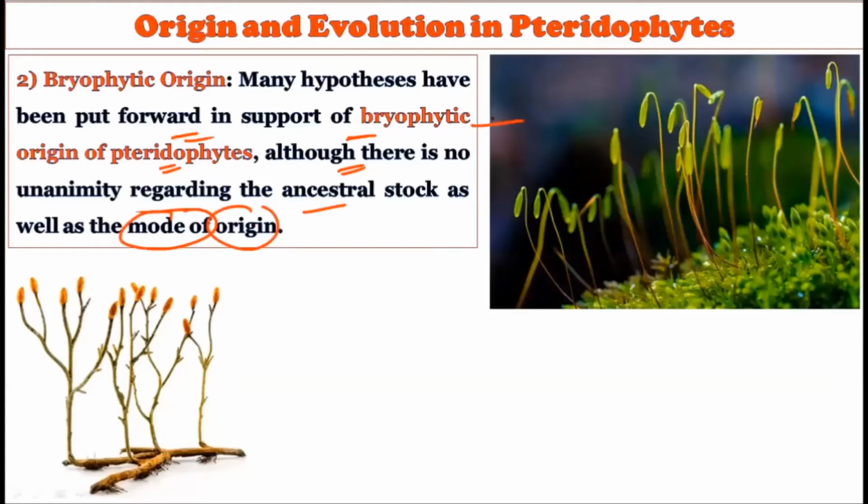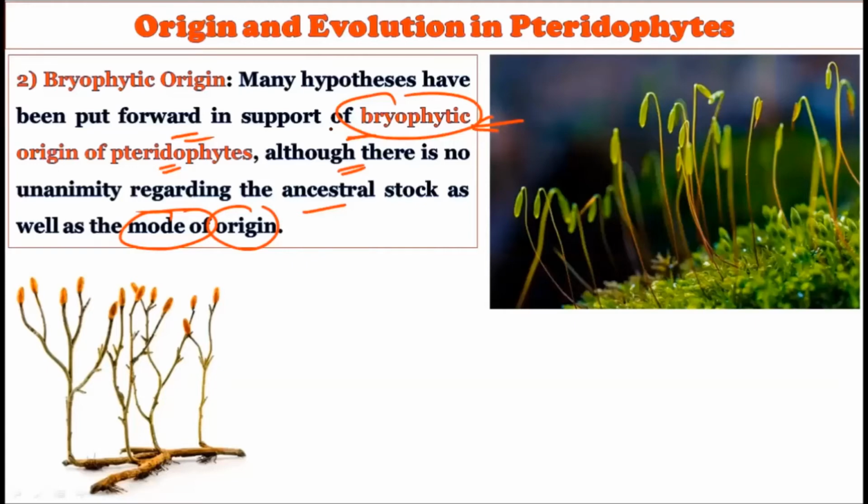Just like the algal hypothesis, the Bryophytic hypothesis has many authors supporting it, but there is no unanimity. That literally means there is no strong agreement between these scientists. They don't have any common ground, or clear-cut evidence, that the bryophytes were responsible for giving rise to the pteridophytes.